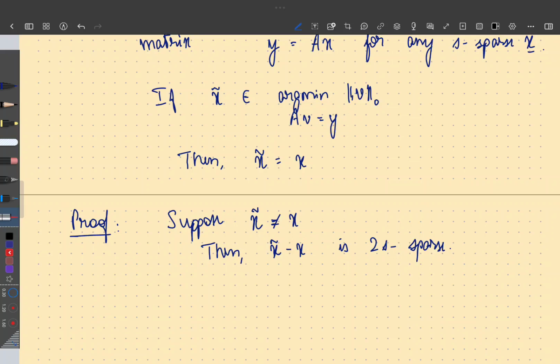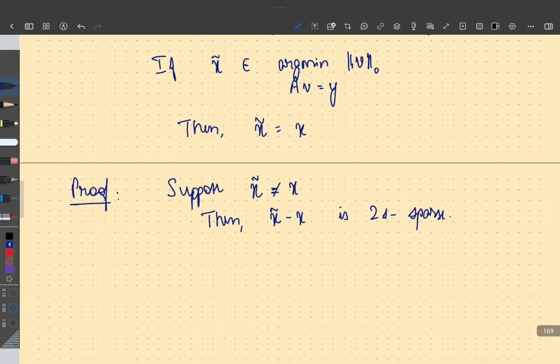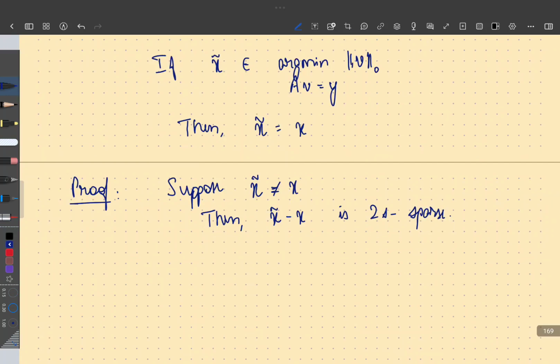So the minimum sparsity can only be lower. So x tilde minus x must be 2s sparse.